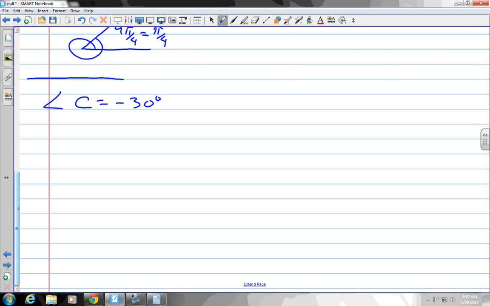So that means negative 30 degrees in this direction. But what will be the equivalent of that using positive degree measure? 330. You can also say it's this angle, which is 330. And the way you got that, you went 360 minus 30. Is that okay?